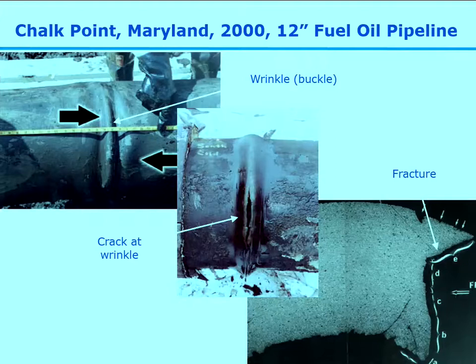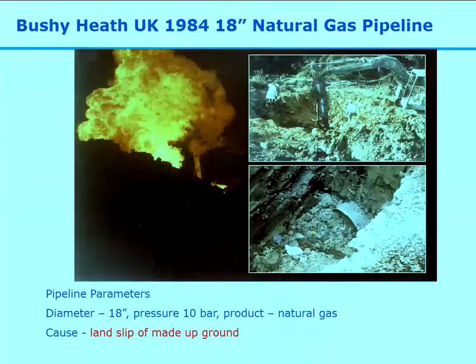When this was deemed to be intolerable, the operator went in and started clearing it, and because this was just material which had been dumped over the pipeline, it hadn't been consolidated, so it was unstable, and it slipped. I don't know whether you can see, this is the pipeline here. You can see it was just pulled apart, which again is a typical failure for any severe ground movement.